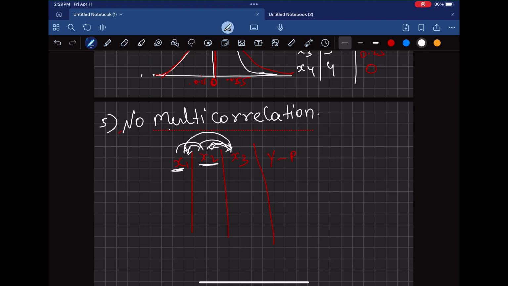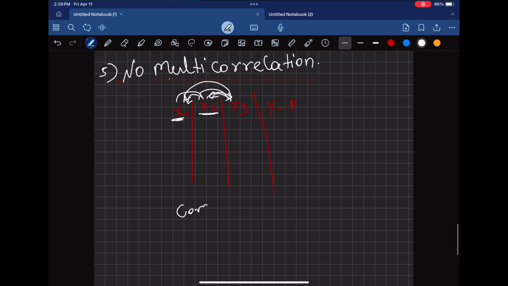How do you find it? Basically, we take the correlation of these variables, and we should see that all three variables are not related to each other, meaning they are not dependent on each other, so that we can predict y. If they are dependent, then we need to use other analysis.